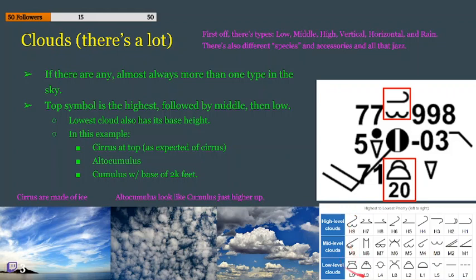Meanwhile, cumulonimbus is your highest priority low level cloud, which you'd only likely be reporting if there was one near that station, because that'd likely be all that you see. And of course, below the types there are different species and accessories of cloud.